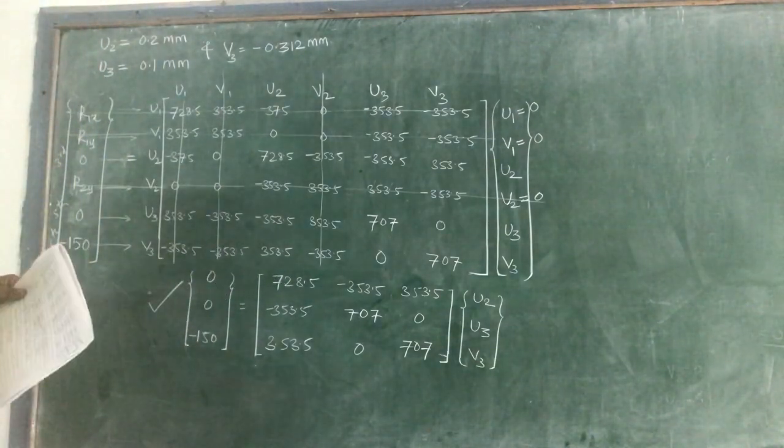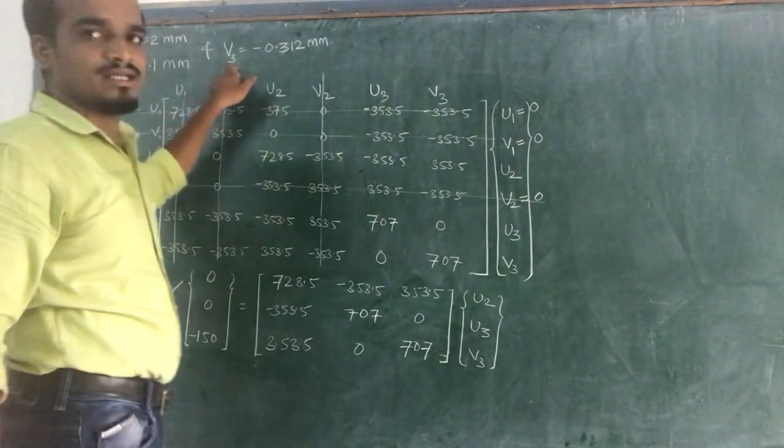Okay, so in this way you will get U2, U3 and V3 values.